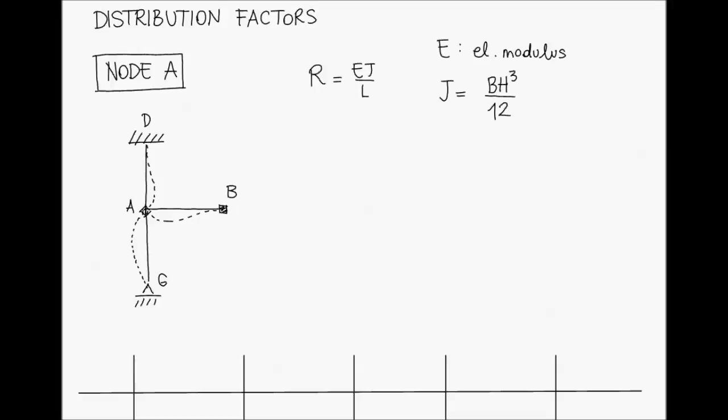Well, for the calculation of the distribution factors, we have to consider the rotational stiffness of the beams converging in node A, with, in this configuration, 4R_AB for beam AB, 4R_AD for beam AD, and 3R_AG.